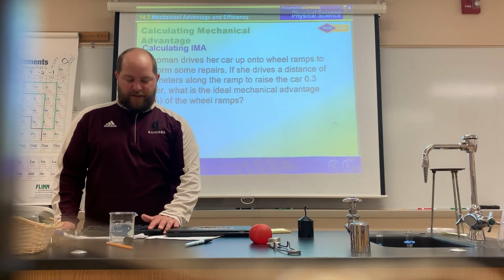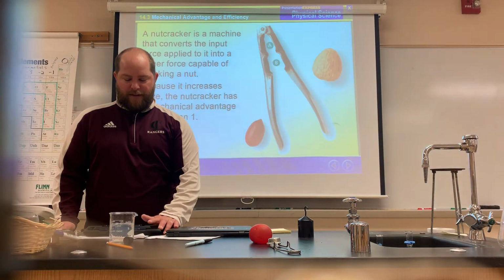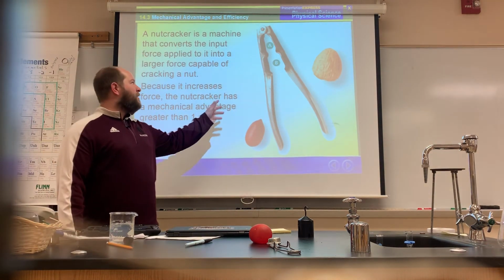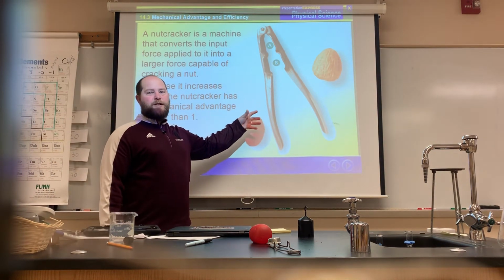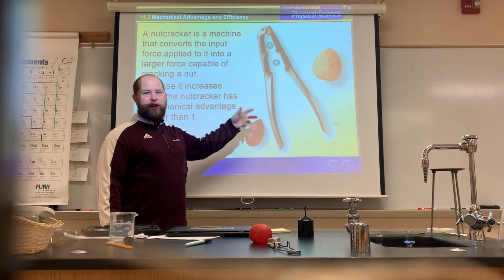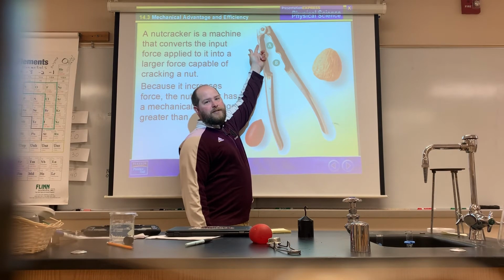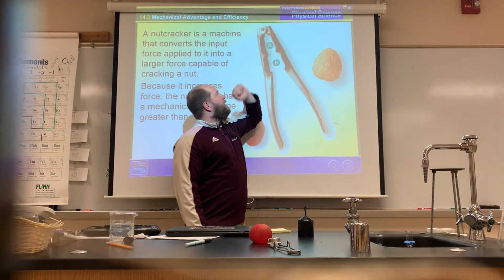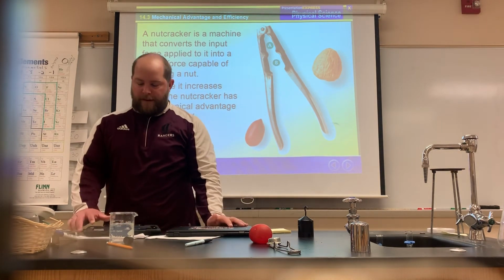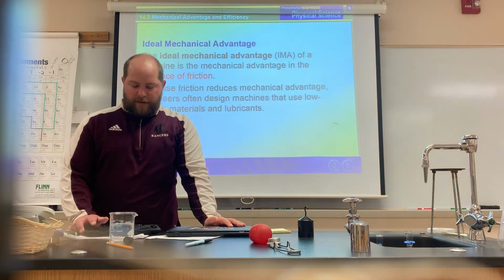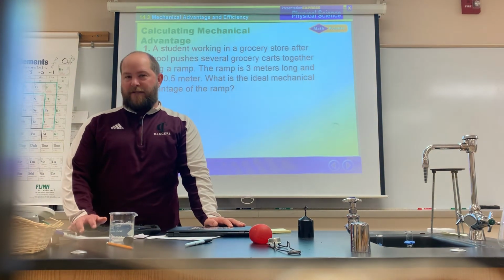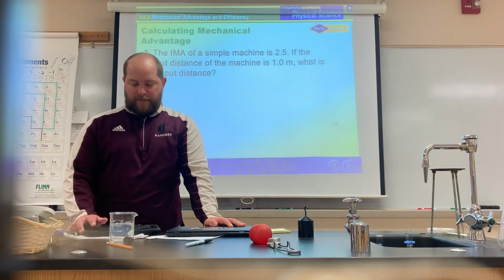If you think back to the nutcracker example, this thing is never going to be 100% efficient, where we're getting the full mechanical advantage of it, because we're going to be losing some energy to thermal energy at that pivot point. So the actual efficiency of the machine is always going to be less than 100%.